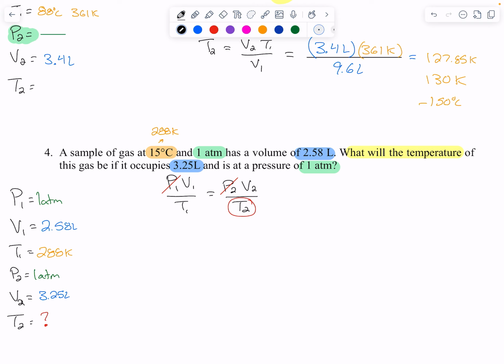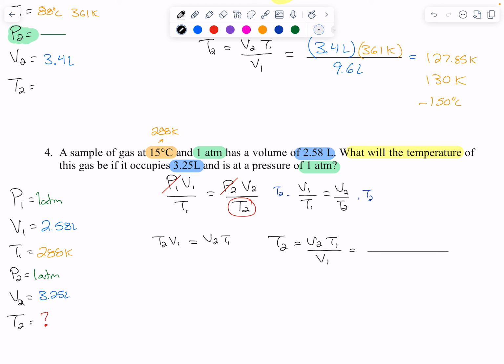But before I do that, I'll rewrite to get V1 all over T1 equals V2 all over T2. Multiply both sides by T2. So we get T2 V1 equals V2 T1. And then we divide both sides by V1. So T2 equals V2 T1 all over V1.